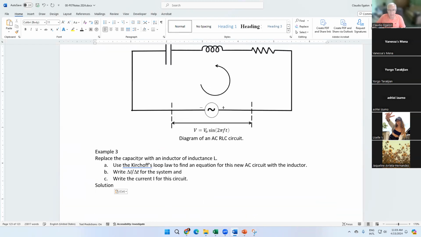Consider an RLC AC circuit with resistance, capacitance, inductance, and frequency f.